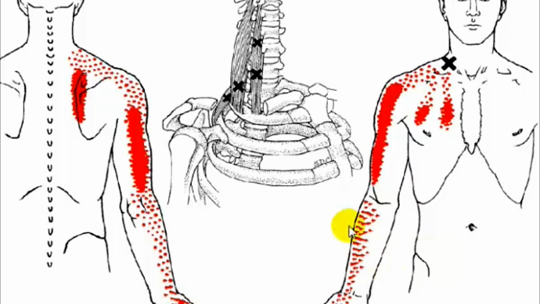What's really interesting about this shoulder pain, which you can see is in the front in a typical impingement position and in the back, is that the way this pain is relieved is when somebody lifts their arm up and holds it above their head.